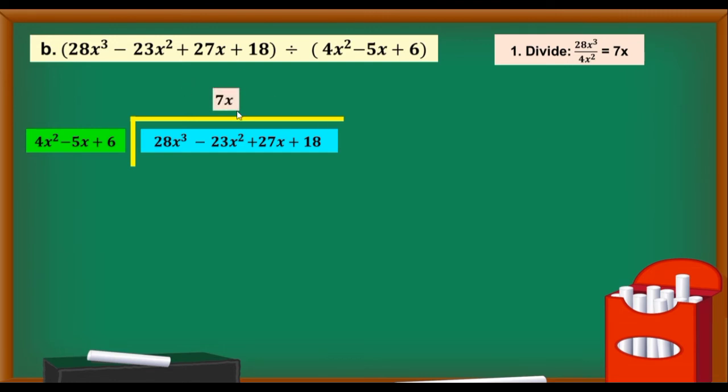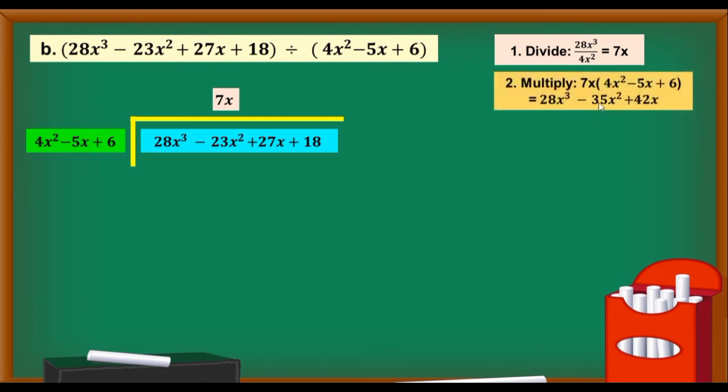Then, kapag po tayo ay nag-multiply sa lahat ng kanyang divisor, yung 7x, i-multiply natin kay 4x squared minus 5x plus 6. So, by distributive property, 7 times 4 is 28x cubed. Bakit po naging x cubed? Kasi, di ba yung x natin, yung sa 7x, meron siyang 1. At ang rule natin sa ating multiplication ay i-add lang natin yung kanyang exponent.